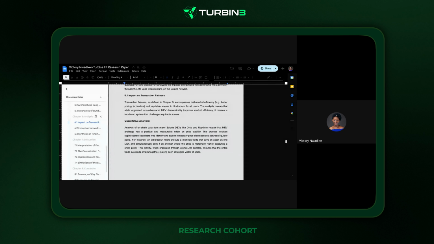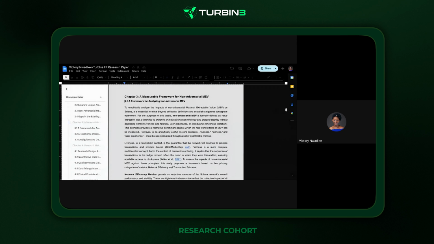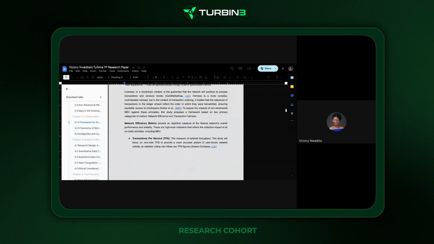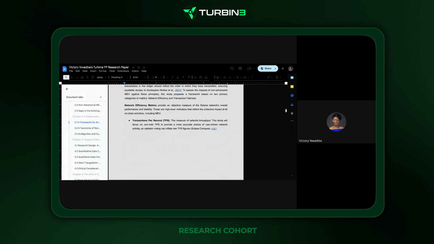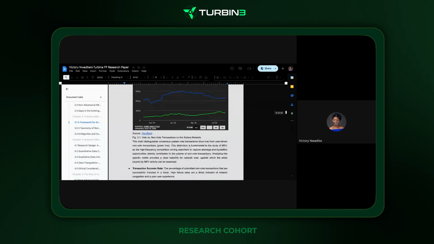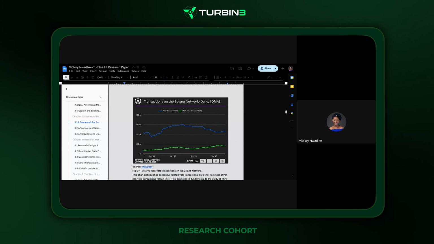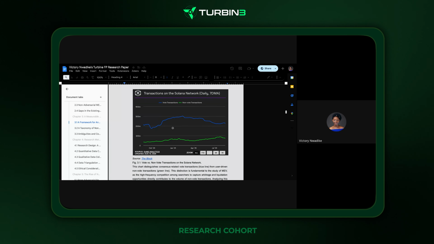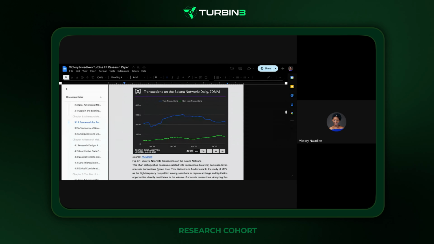Earlier on, I had a framework in my chapter 3, where based on certain metrics, I reviewed the network efficiency and transactions per second, and I had some visuals. I got most of my visuals from Dune and Blockworks, and some from Solana Compass.